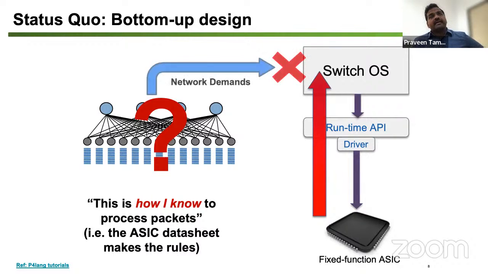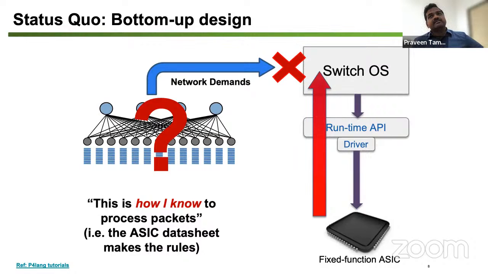And tomorrow, if my network requirements or demands change, or I want to enable a new feature or new protocol, it would take more than 3 to 4 years to enable that new function or protocol, because it requires changes to the ASIC.